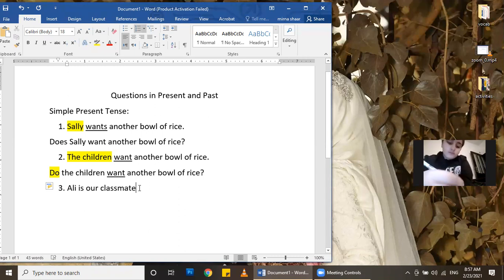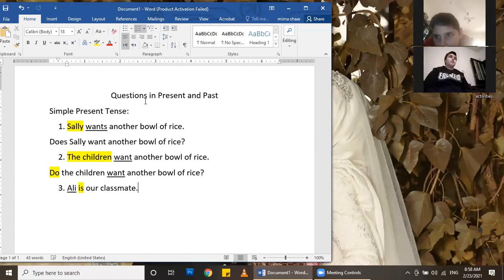Since Ali is the subject of this sentence, it's singular, it takes the verb to be is. Usually for verb to be we have am, is, and are. For I, he, she, it, or any singular noun, we add is, and for we, you, they, or any plural noun, we have to add are.